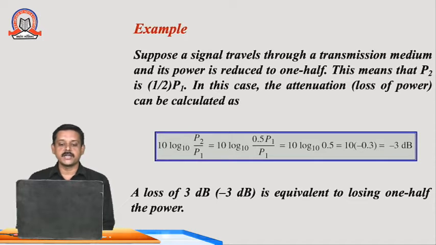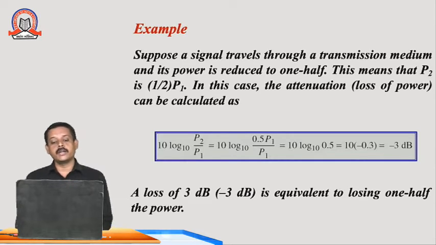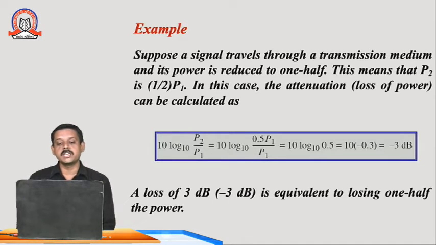We can cancel P1 and we have the value 0.5. So 10 times log base 10 of 0.5 is minus 3 into 10... that is minus 3 dB, which is loss of energy. The loss of 3 decibel, or minus 3 dB, is equivalent to losing half the power of the original signal.